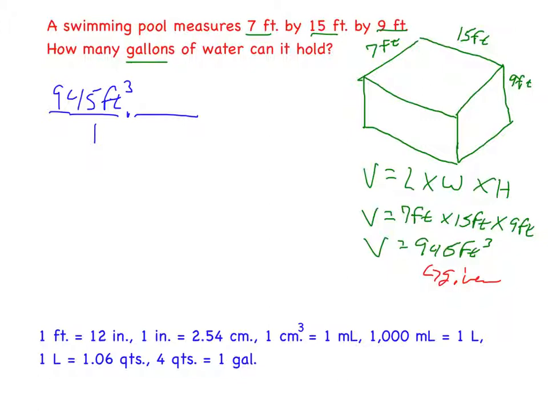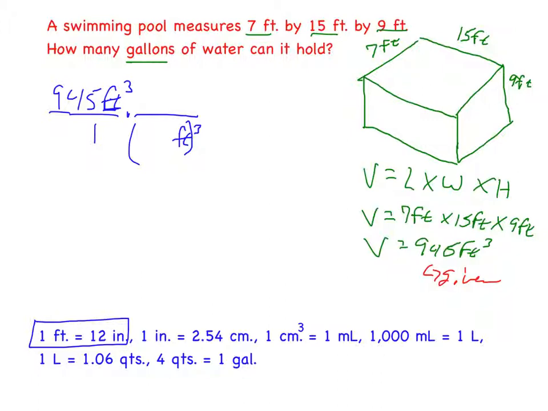So, since we have feet cubed on top, we're going to have feet cubed on bottom. Now remember, when you have these units with exponents, you're going to use your normal conversion factors, which we have down here, and you're going to put them in parentheses and raise it to the exponent that we're trying to go for, which is cubed. So I see that we have 1 foot equals 12 inches down here.